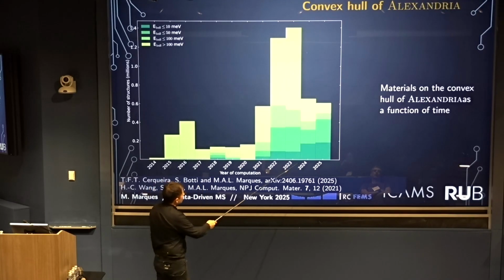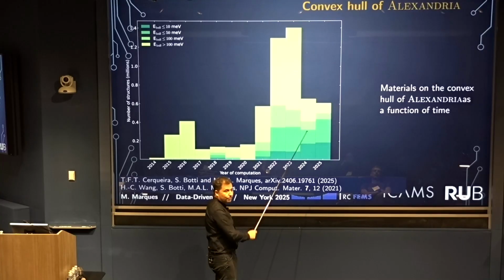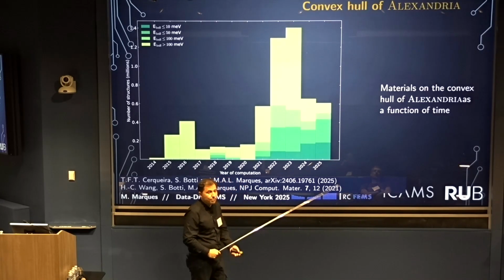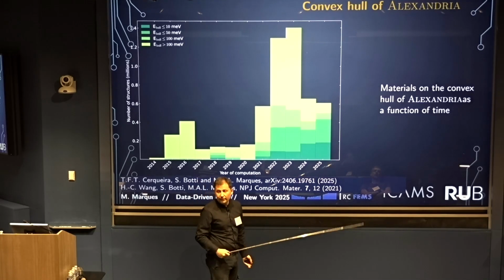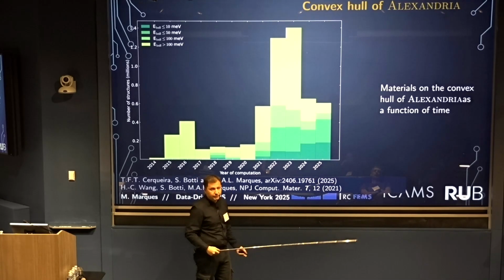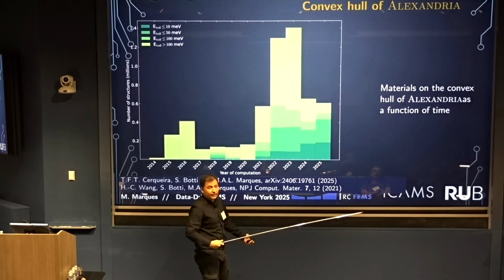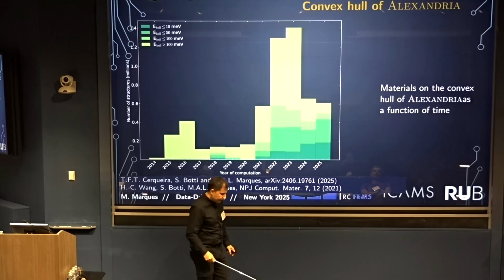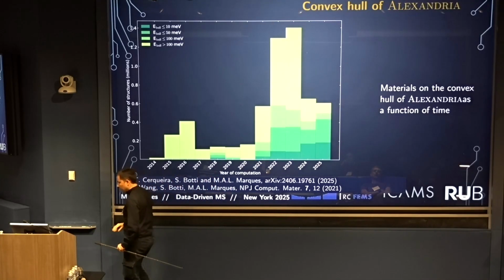Now, a large fraction of the compounds that we try are close to the convex hull. And the reason is that all our models improved a lot during the years because we had more data to train them. And now they're really good, so we can easily separate the good ones from the bad ones. Maybe I'll give the orders of magnitude afterwards.